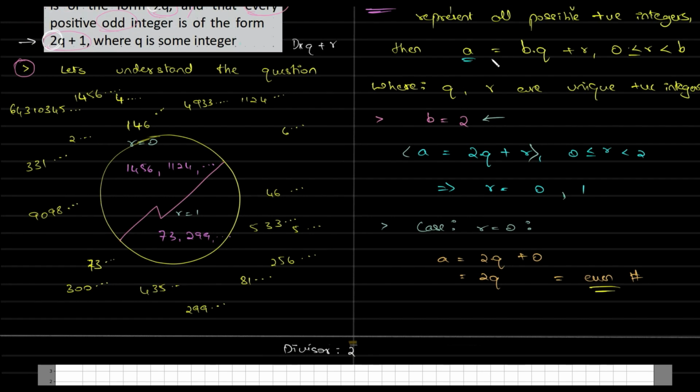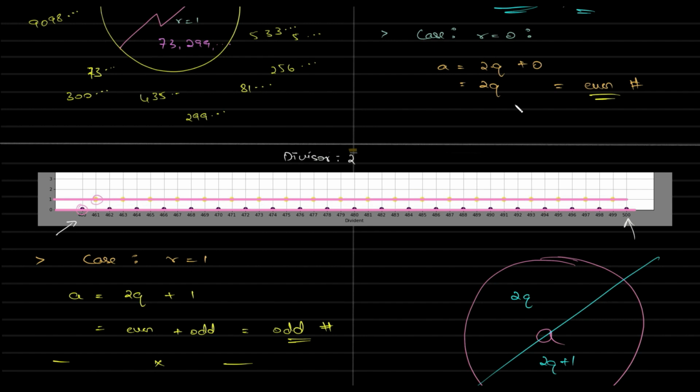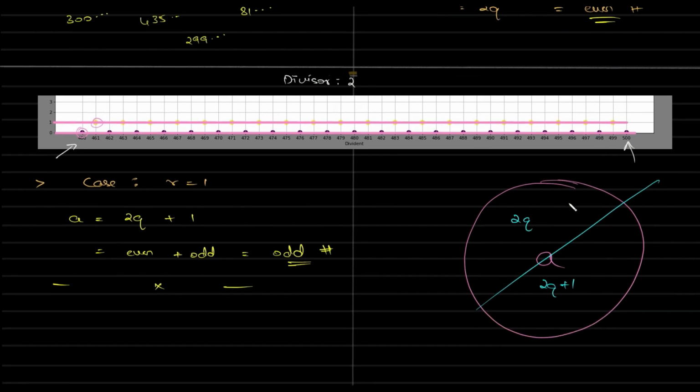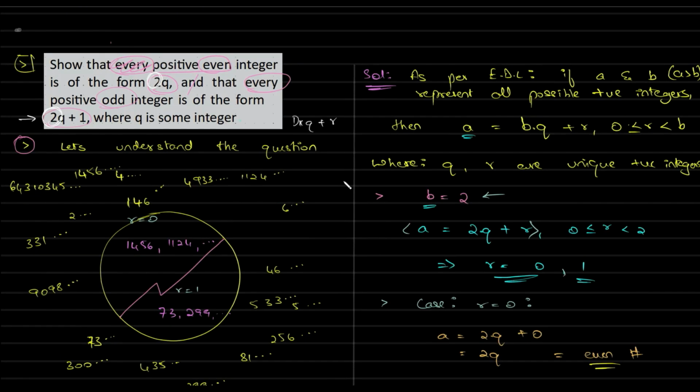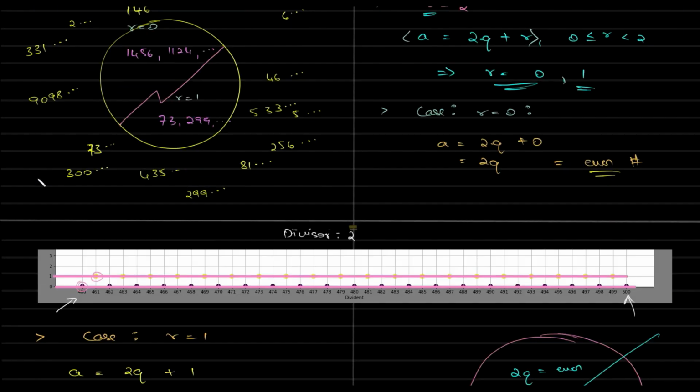We said okay, a and b are all the possible integers, and we just took b to be equal to 2, and a got divided into two groups, when the remainder is 0 and 1. So when the remainder was 0, it gave us 2q, which was an even number, right? And the other group was 2q plus 1, which was an odd number. And thus we showed that every positive even integer is of the form 2q and every odd integer is of the form 2q plus 1.